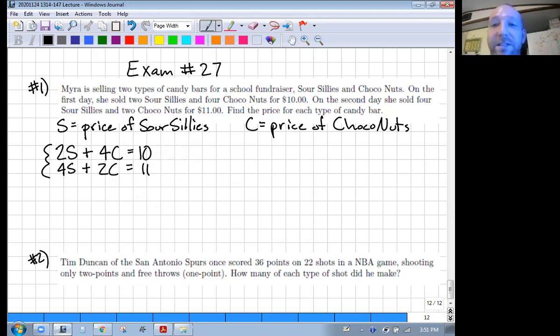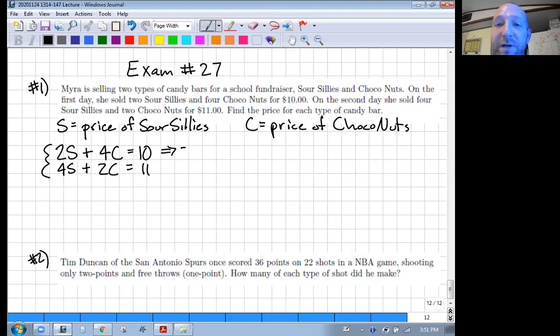One way to solve this is by substitution. That's probably the easiest way, or we can do process of elimination. I'm going to do substitution for y'all since I think that's the easiest conceptual way to do it, although elimination would be quicker. So let's just rewrite S by itself.